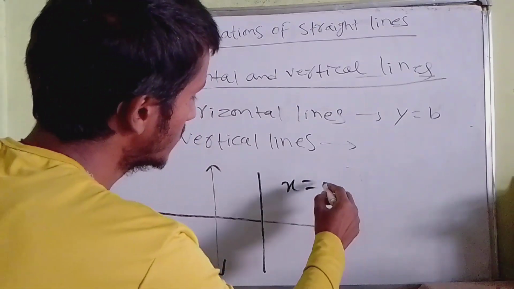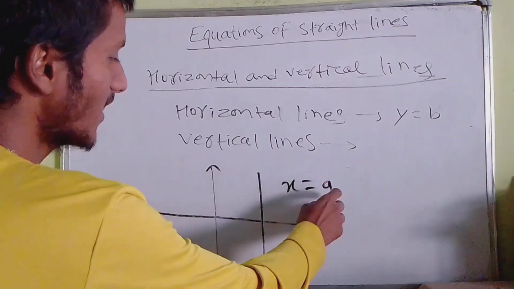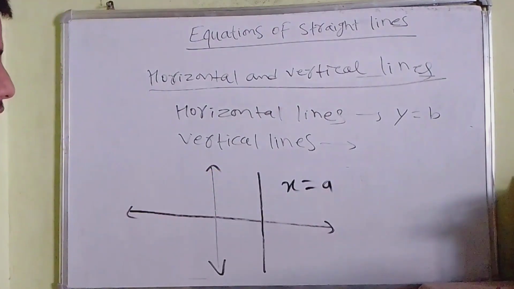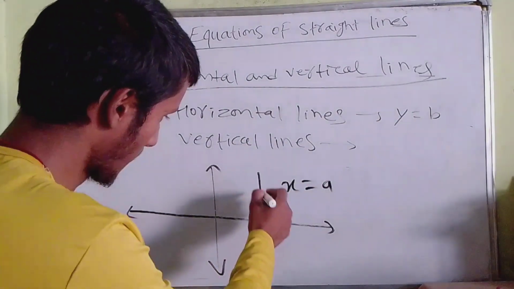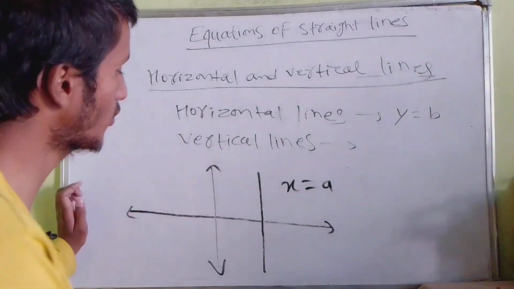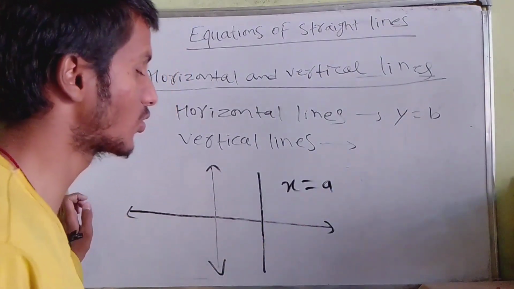Let's call that constant a. I have denoted the constant for x as a and the constant for y as b here. So at the x-axis, there is a constant number which is a, and the equation will be x is equal to a.